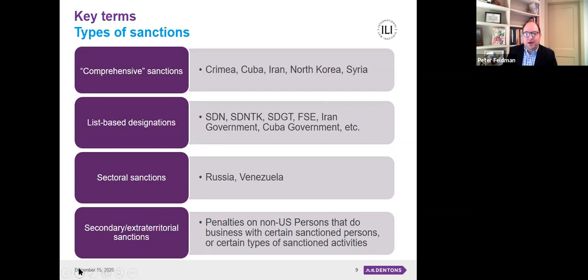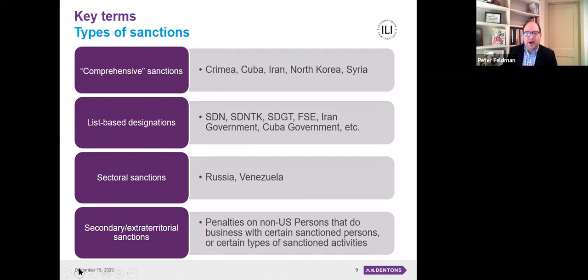So for example, there are list-based designation authorities targeting Nicaragua. Well, one of the ways in which those authorities can be imposed is by being an official of the government of Nicaragua. Now, collectively, the total number of designations on these list-based programs is significant, well into the thousands. And what it means to be a list-based designated person is that all of your assets and interests in property within U.S. jurisdiction are automatically blocked.